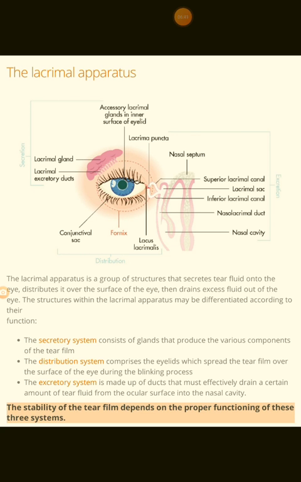And the blood supply to the lacrimal gland is provided by the ophthalmic artery. The lacrimal artery is a branch of the ophthalmic artery, while the venous blood is drained through the ophthalmic vein via different veins. Actually, it is drained through the superior ophthalmic vein.